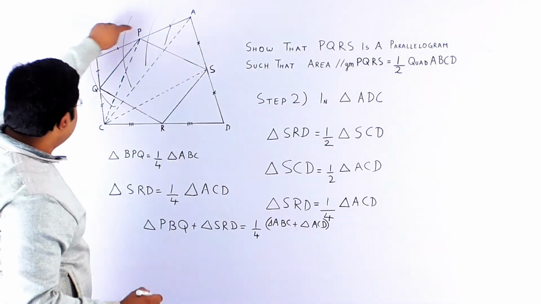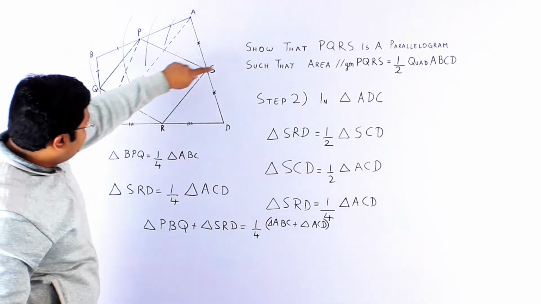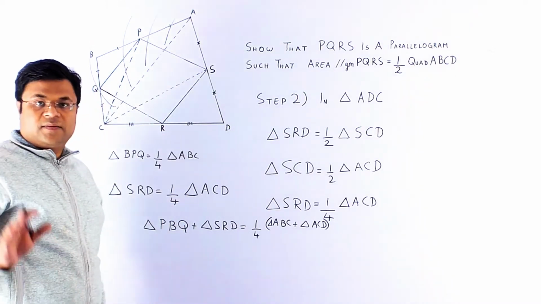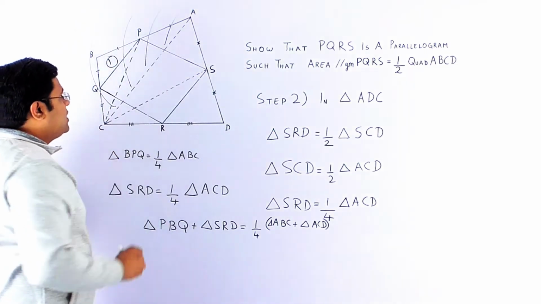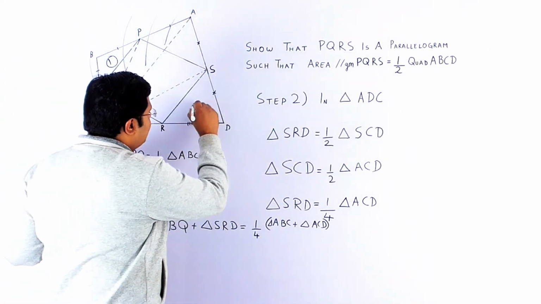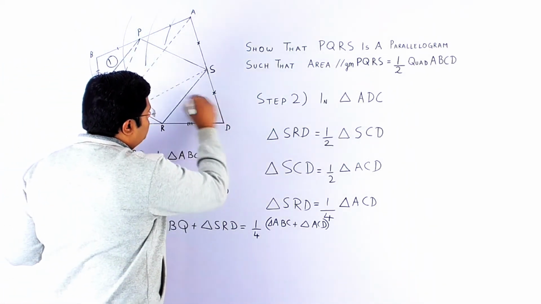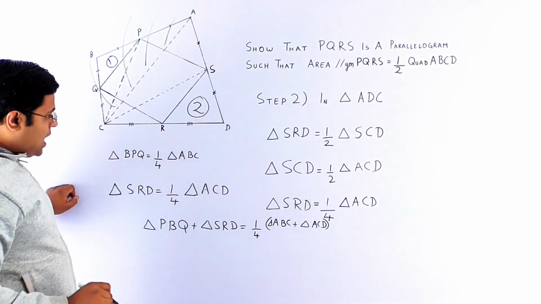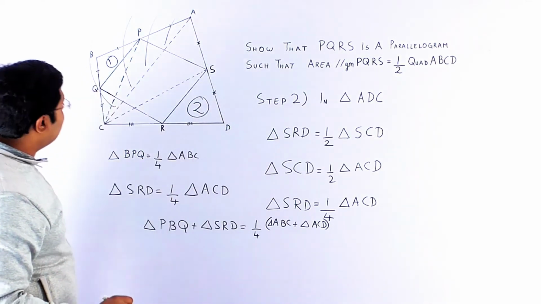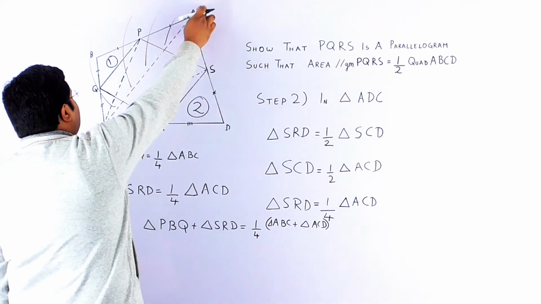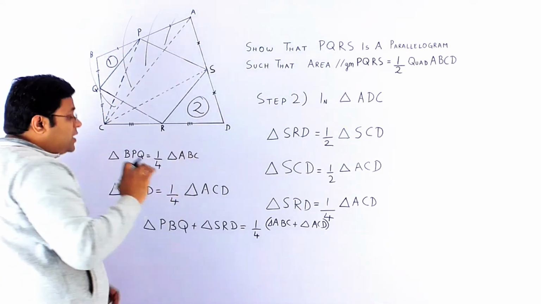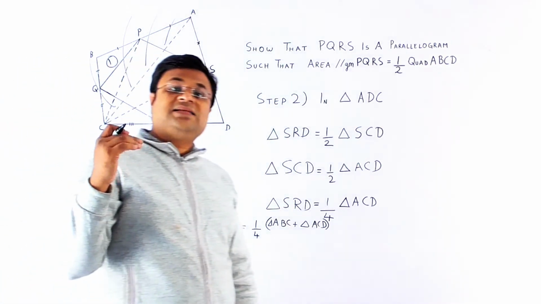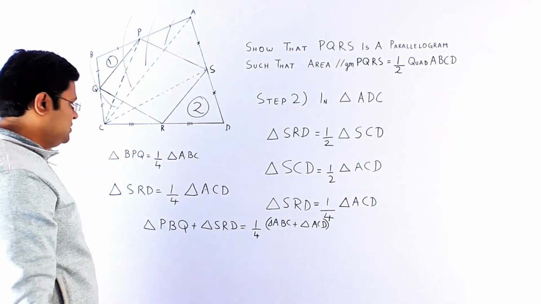So PBQ and SRD, point to be noted, triangle number 1 and triangle number 2 are together 1/4 of ABC plus ACD. Now what is ABC plus ACD?